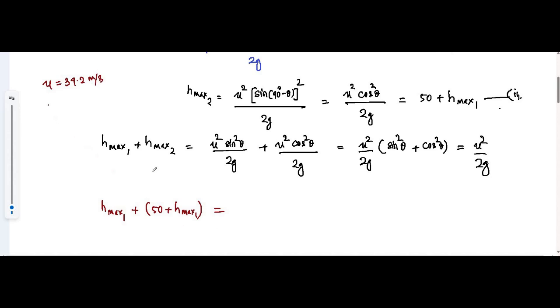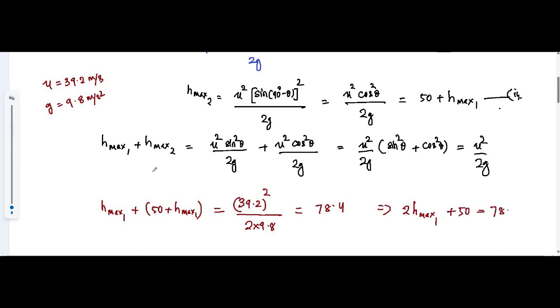G is not mentioned, so 9.8 meter per second square. So it will be 39.2 square by 2 into 9.8, which is equal to 78.4. That implies 2 H max 1 plus 50 is equal to 78.4.